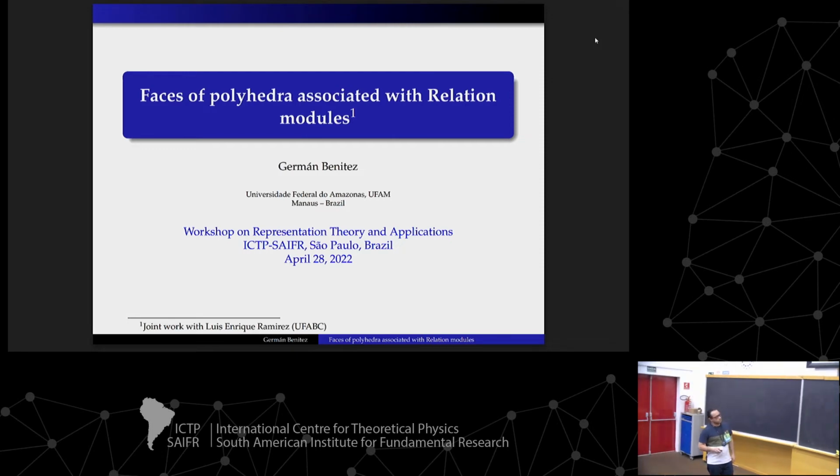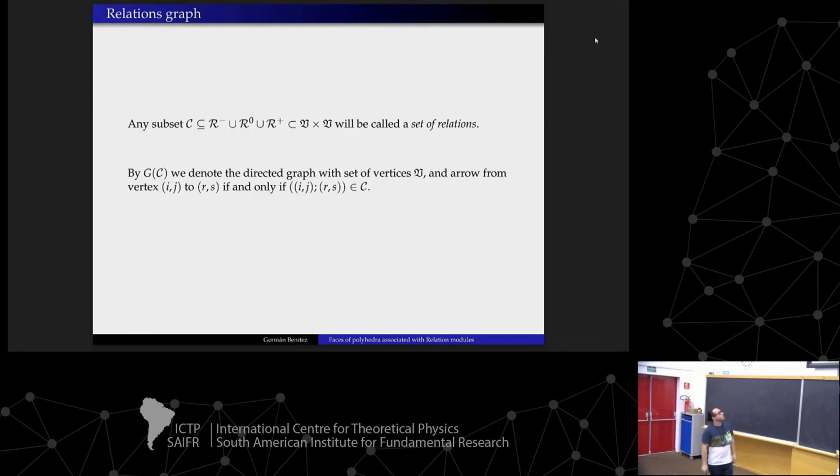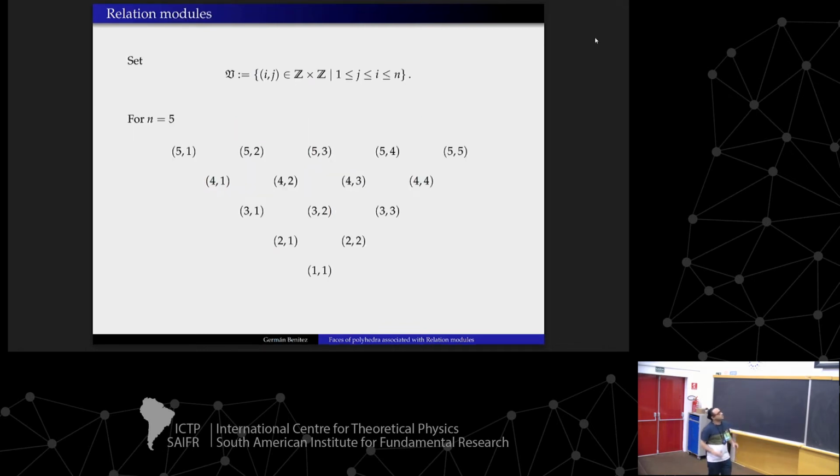First off, we need to define the set of relations. A subset of relations is a subset of this big set. Actually, this is a graph where the set of vertices is a triangular configuration.